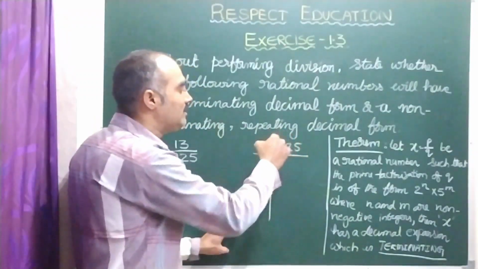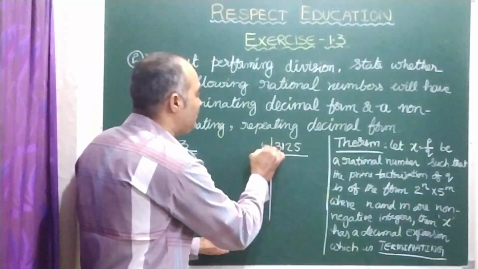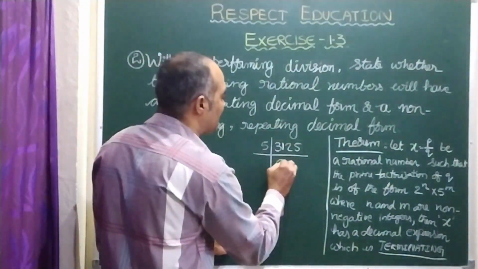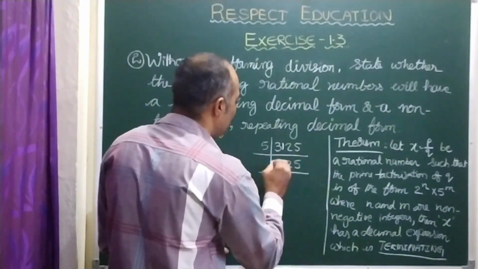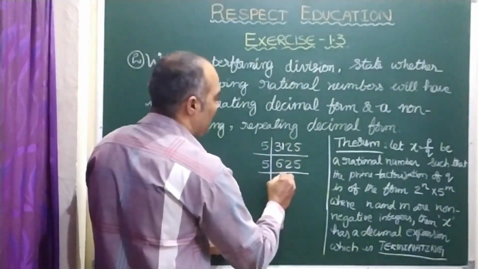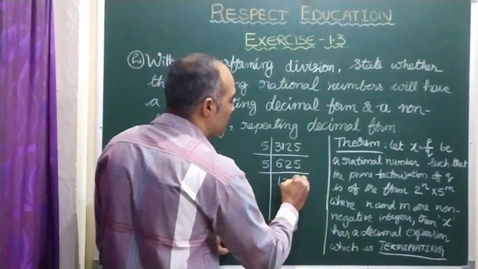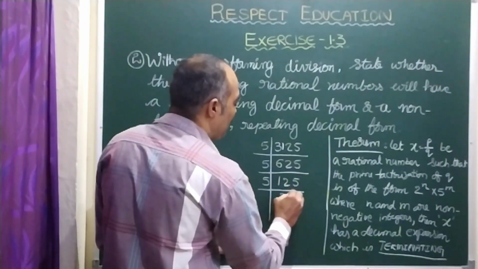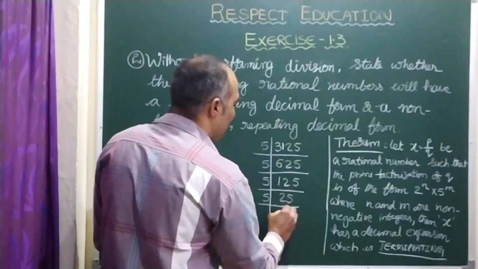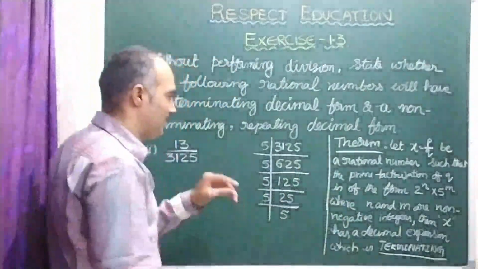So it is not divisible by 3. Now let us try with 5. See here, children, 5 sixes are 30, 5 twos are 10, 5 fives are 25. Again with 5: 5 ones are 5, 5 twos are 10, 5 fives are 25. Again with 5: 5 twenty-fives are 125. Again with 5: 5 fives are 25.